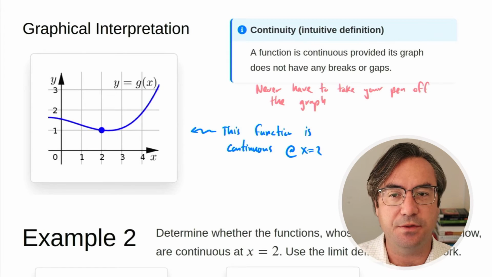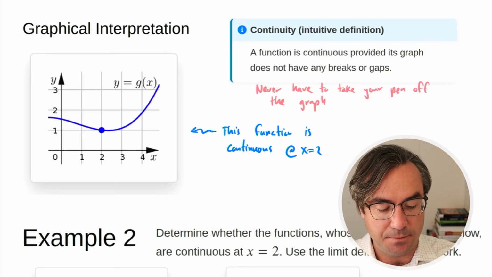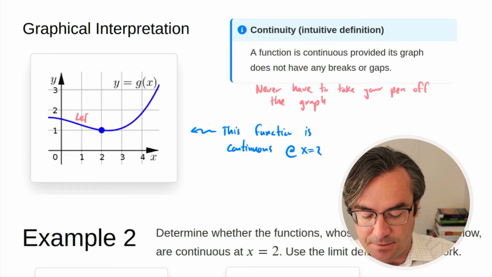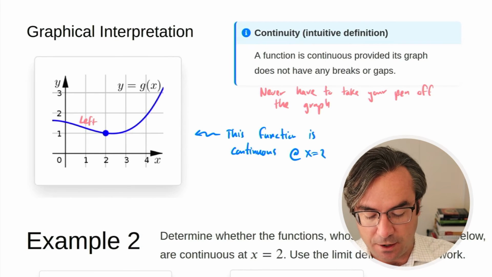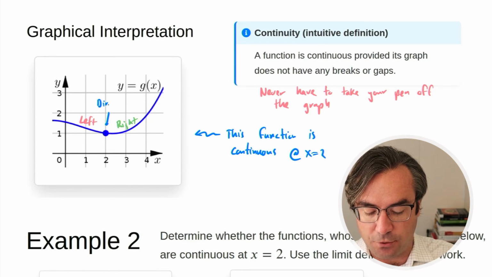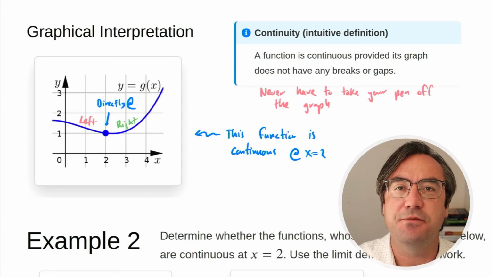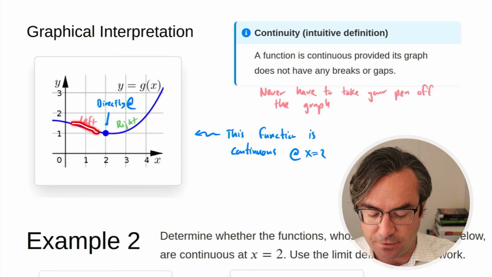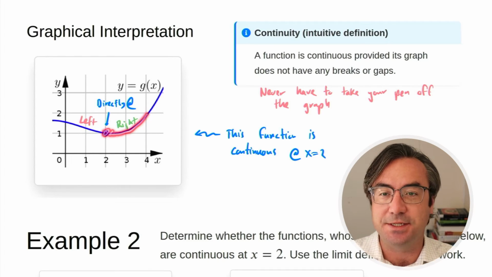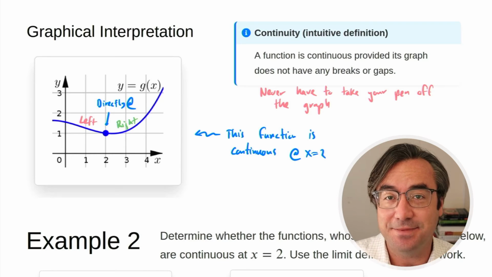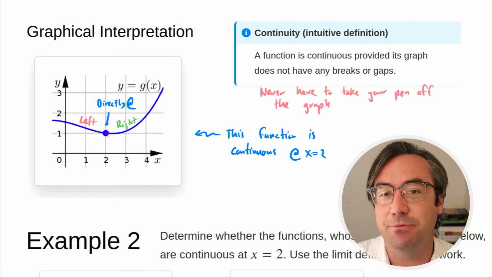So all three things match up. We've got our left side, our right side, and our point directly at x equals 2, and all three are matching up. The left side of our curve is taking us to this point, the right side of our curve is taking us to that point, and directly at that point, we're right where we should be.